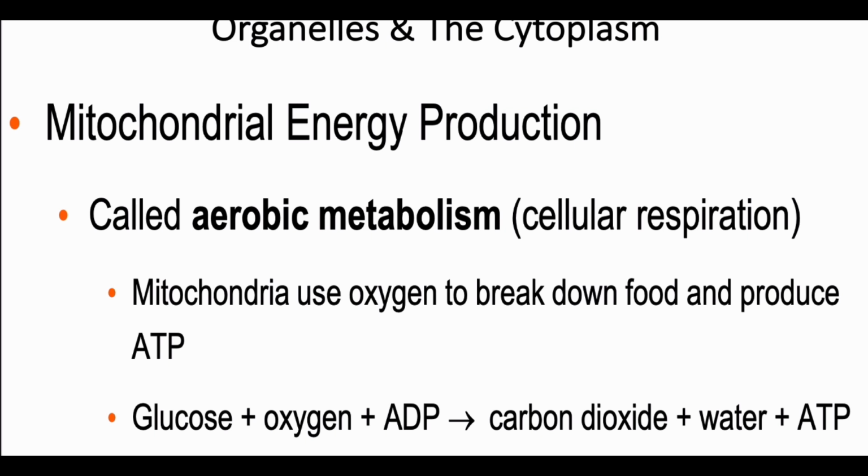Remember, mitochondria is producing adenosine triphosphate, or ATP. These are very high energy rich molecules. What's the difference between aerobic and anaerobic? Aerobic essentially means with oxygen, anaerobic means without oxygen.